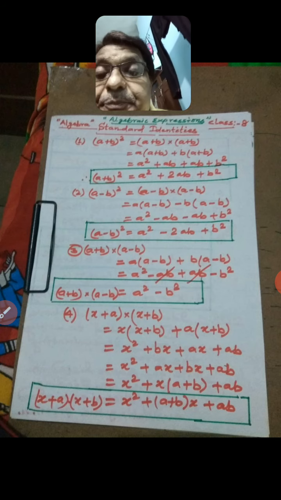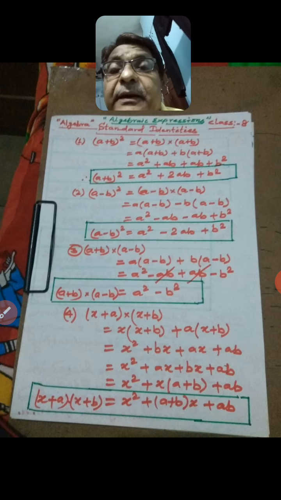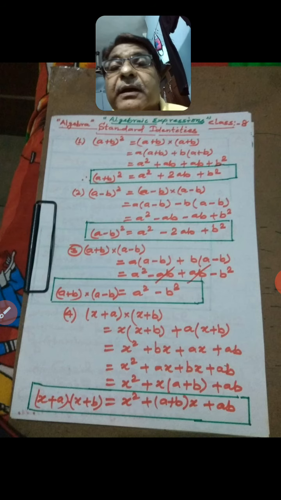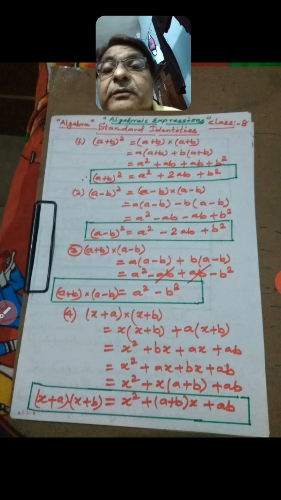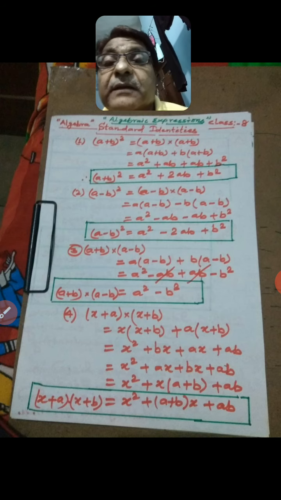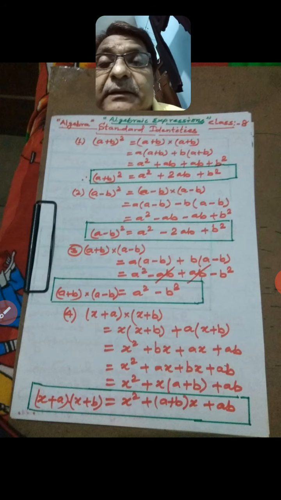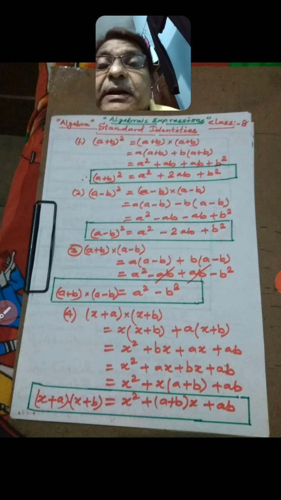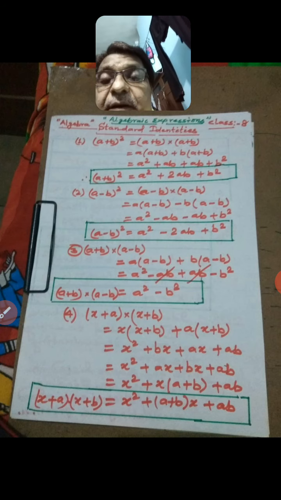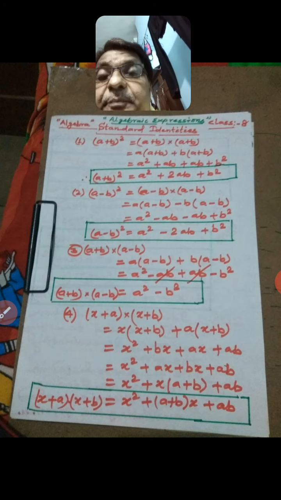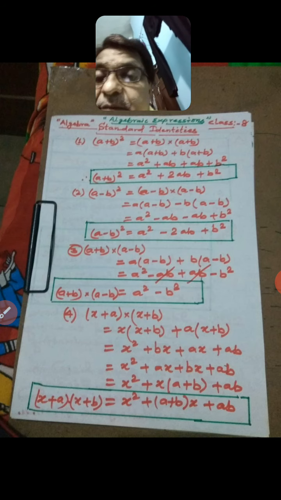Again I am telling. Now come to multiplication of the third type, where one bracket is in plus sign, whereas the same terms are with minus sign in the other bracket. That is, we have two binomials, one with plus sign, the other with minus sign. That is, when we multiply a plus b with a minus b, what will happen? If you multiply in the way you have done in the two cases, you will get a square minus ab plus ab minus b square.